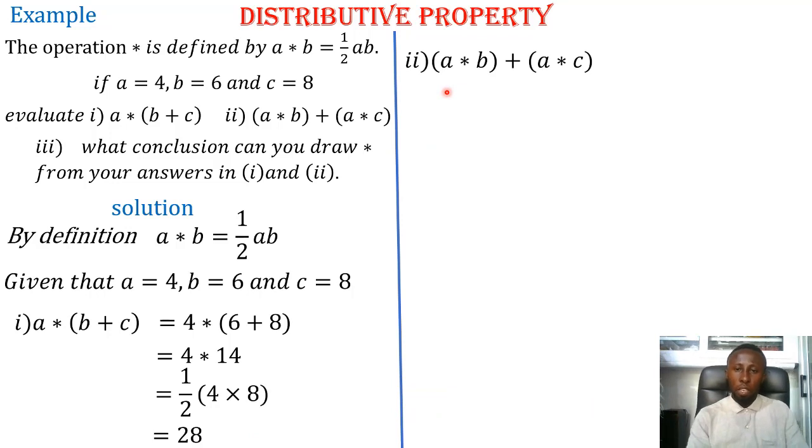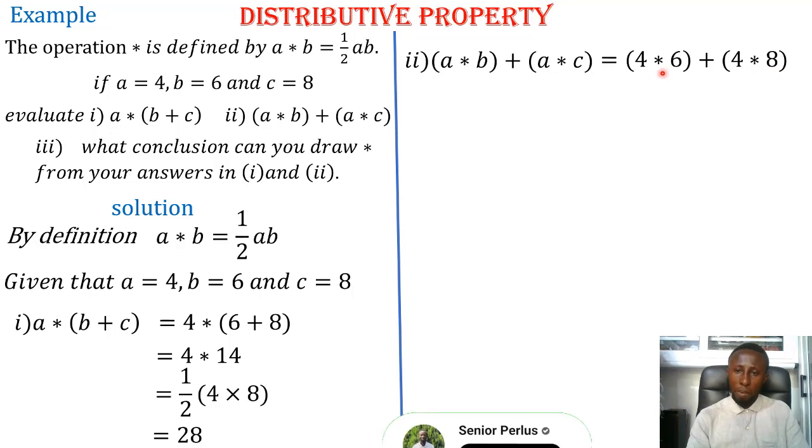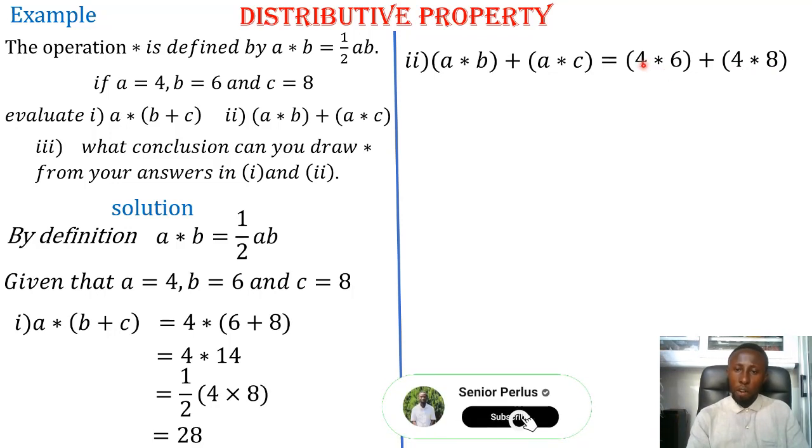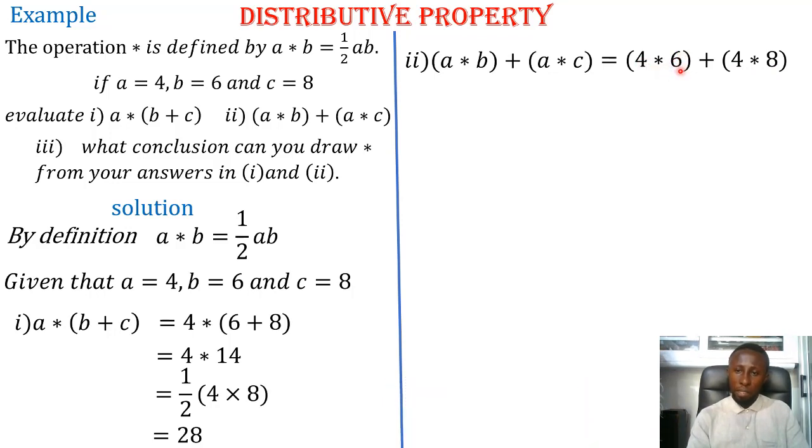For this, let's substitute. Our A is 4, our B is 6, plus A is 4, our C is 8. So from here, 4 star 6: our 4 here is A, our 6 here is B, so we put this into the definition.